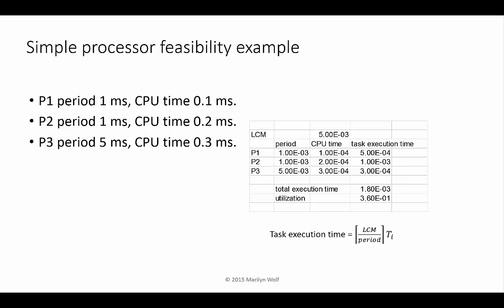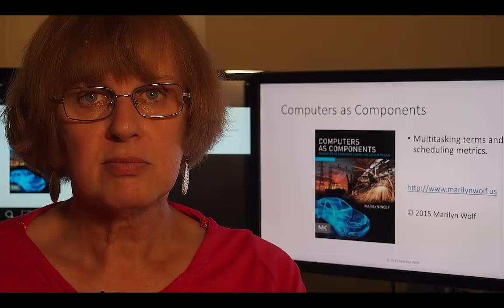And that's what gives us the 0.5 milliseconds we see in the spreadsheet. The spreadsheet then adds all those up and divides by the length of the hyperperiod, and that gives us the utilization. We can use the utilization to judge how effectively we've designed the system, and we can also change the CPU times and the periods to see how that will affect utilization.